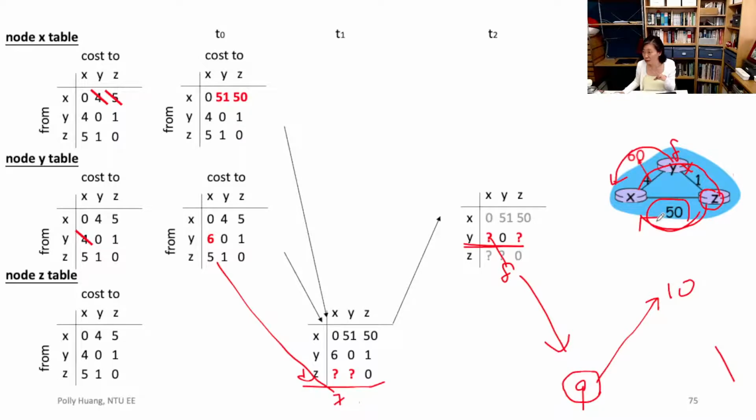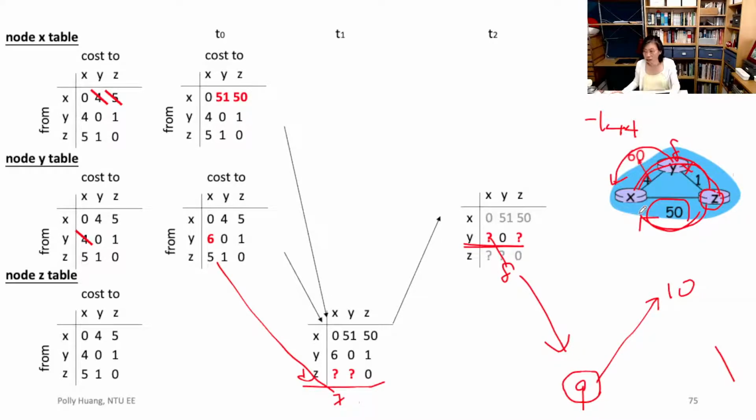After 44 iterations, T44, finally, the zx going through neighbor y is 51, but going through neighbor x is only 50. Therefore, z finally admits that x directly is the shortest path.